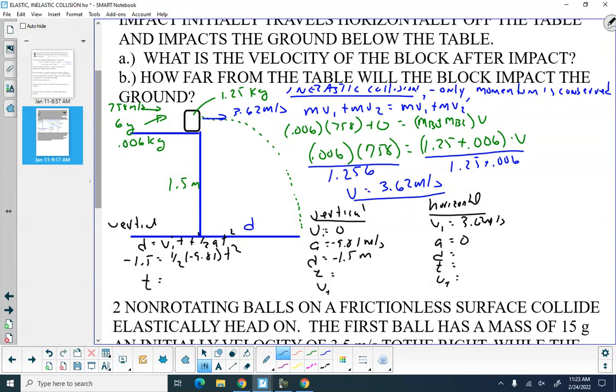What do you get, Grace, for time? Multiply by 2, divide by negative 9.81, square root.